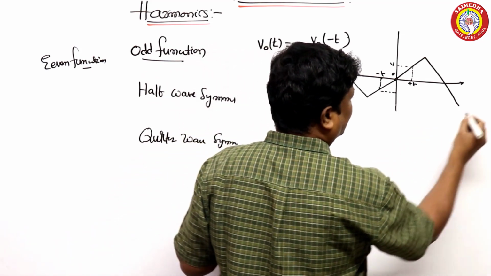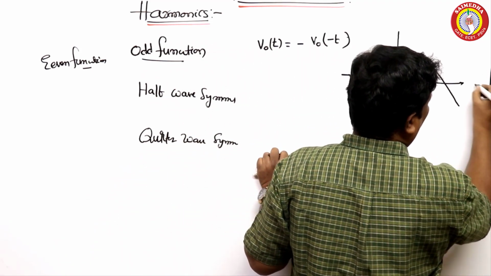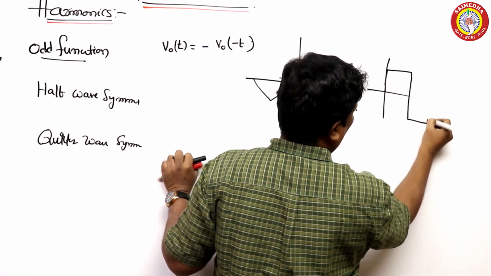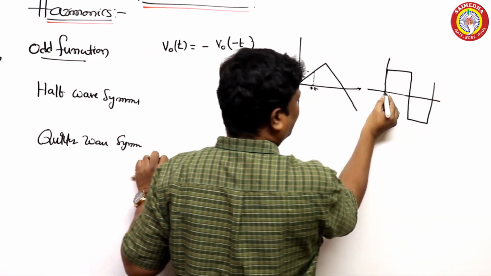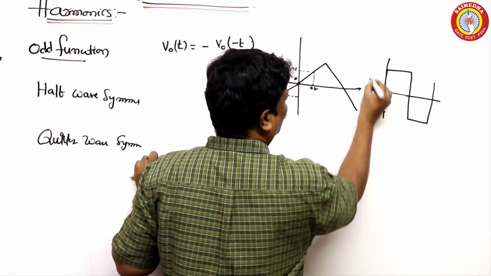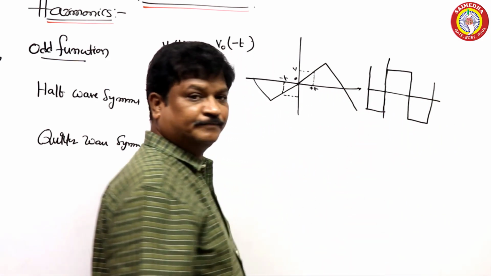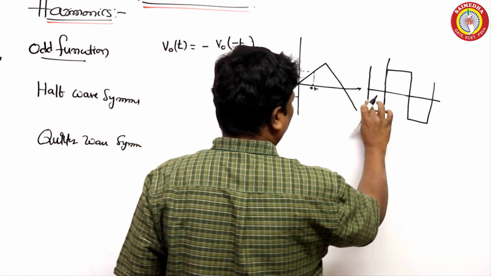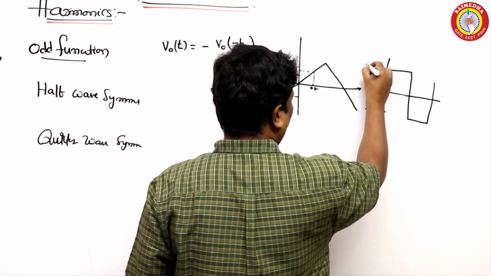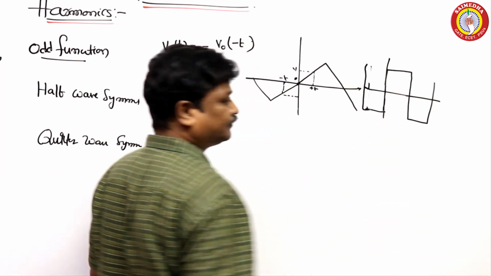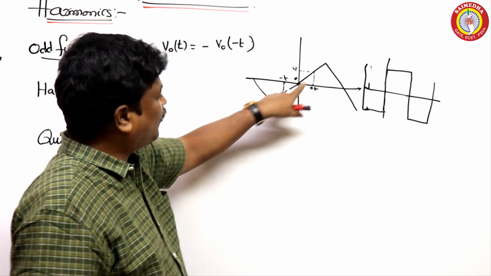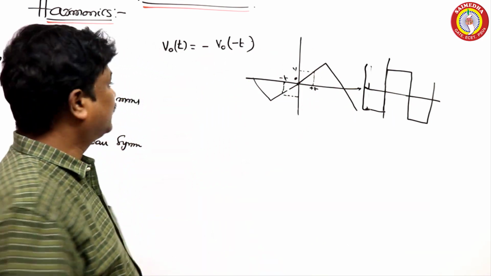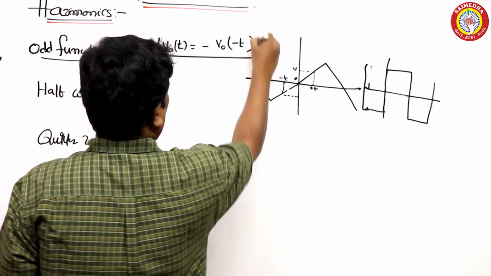Even if you take a square wave like this, continuing the same way, we get the same properties. Of course, the magnitude and width will also be the same. So these functions are called odd functions. This is the condition for an odd function.